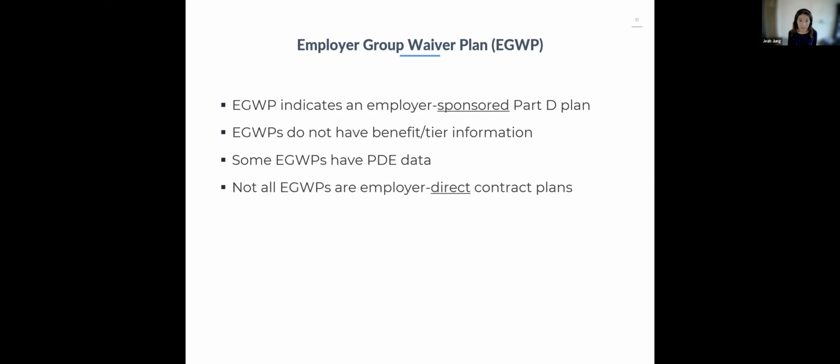This variable indicates employer-sponsored Part D plans. These EGWPs do not have any benefit or tier information, so if you are interested in the relation between benefit schemes and drug utilization, you cannot analyze EGWPs. Also, some EGWPs may not actually supply PDE data, and they have somewhat different reporting or data submission requirements. What I want to say is that not all EGWPs are employer direct contract plans.